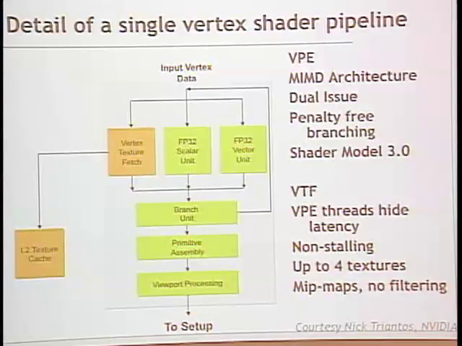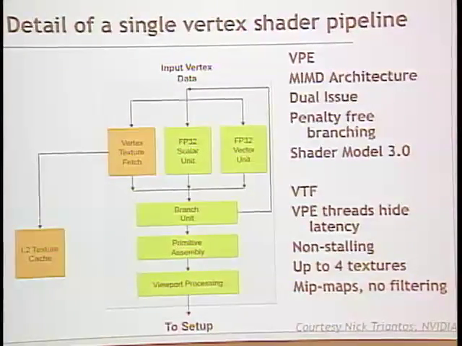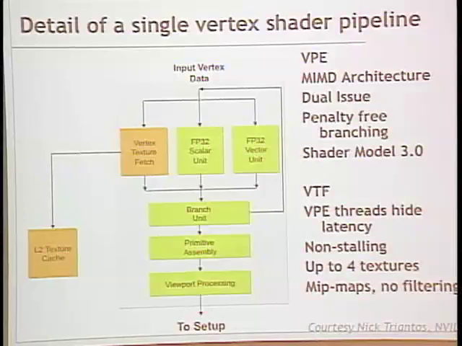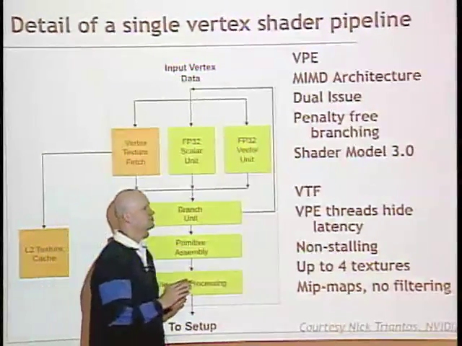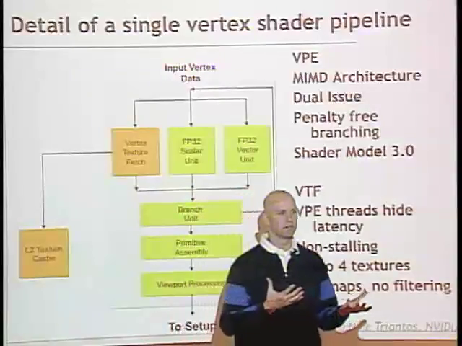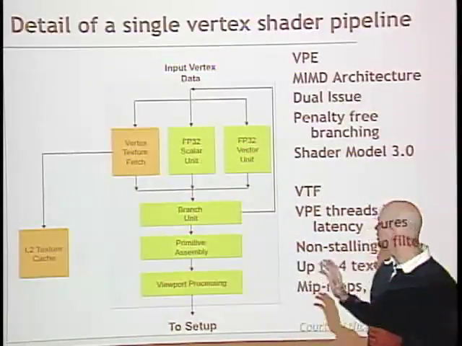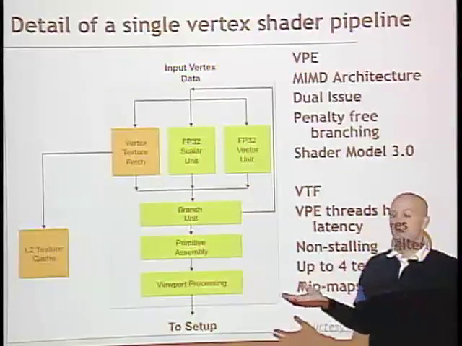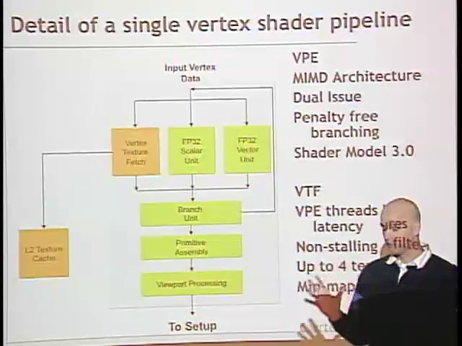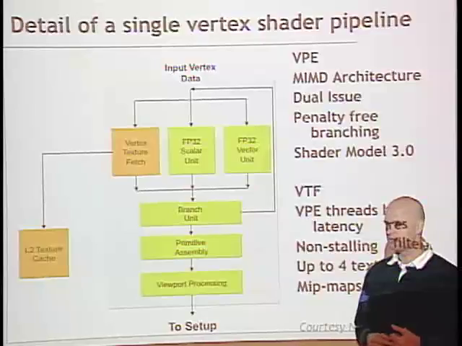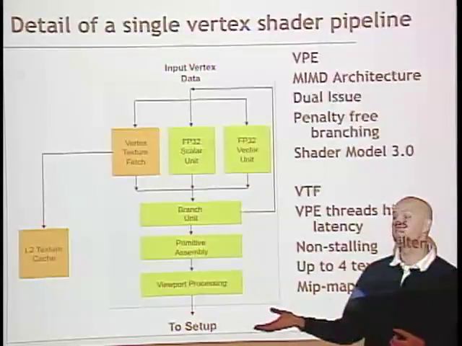Is it MIMD? So this is a marketing slide from Nvidia. This is actually interesting. One of the questions they had was, should we build something SIMD or should we build it MIMD? How do you decide that? Well, if you have code that needs to branch all the time, then building something MIMD makes sense. Otherwise, you really lose some efficiency.